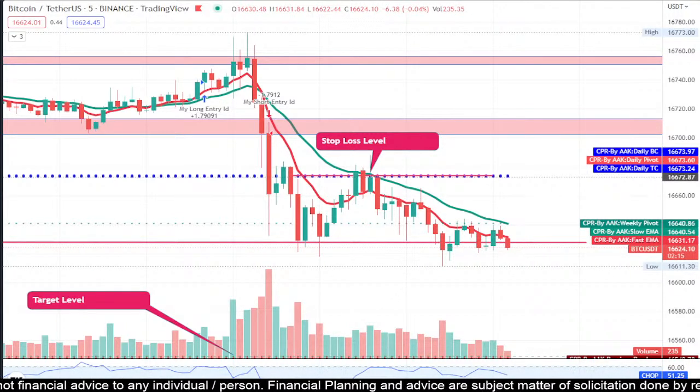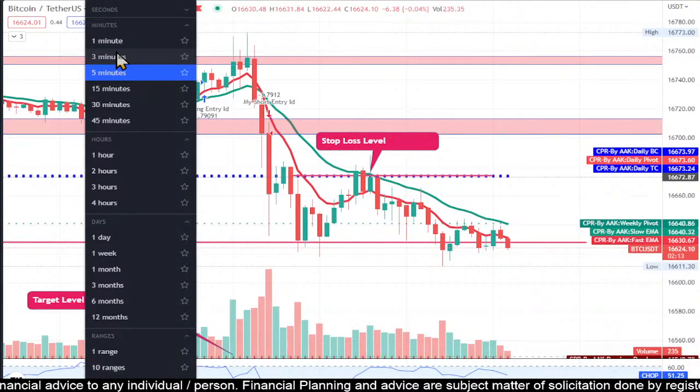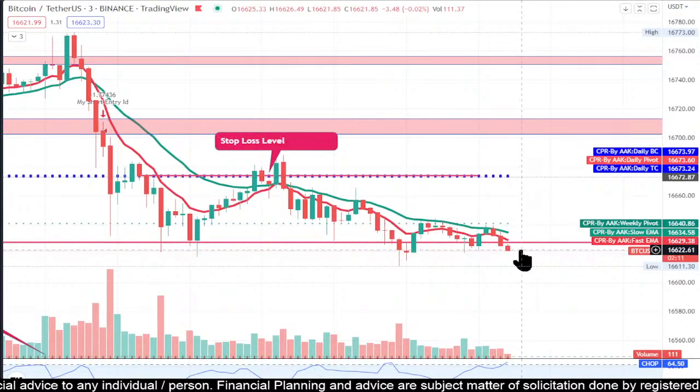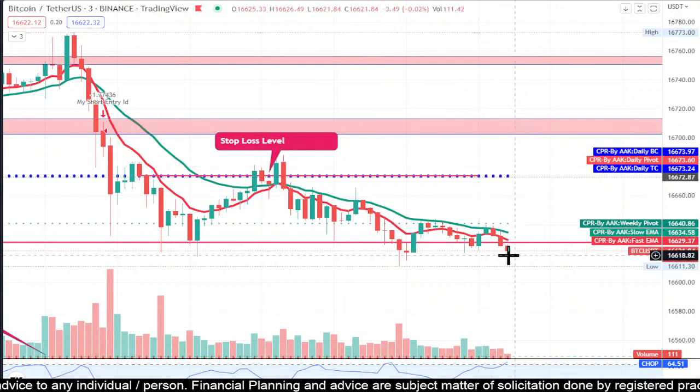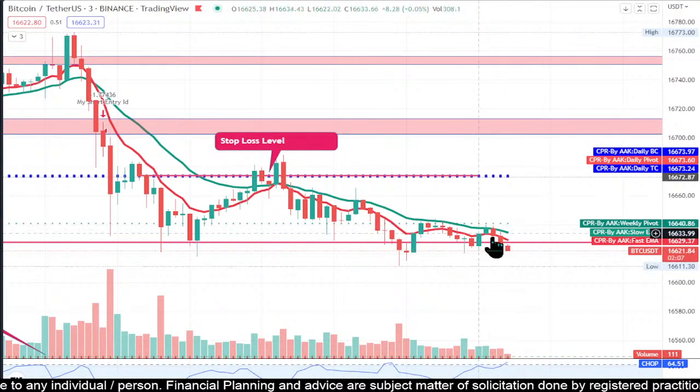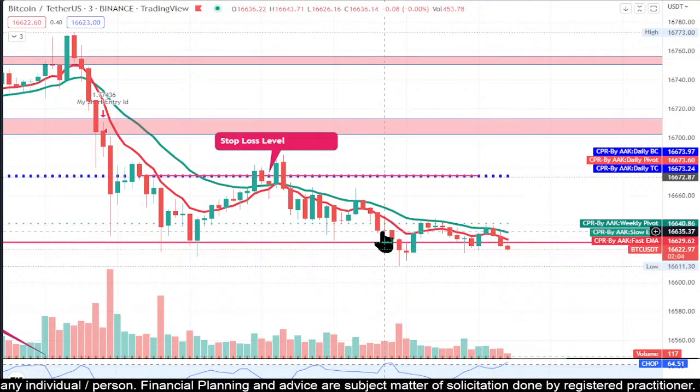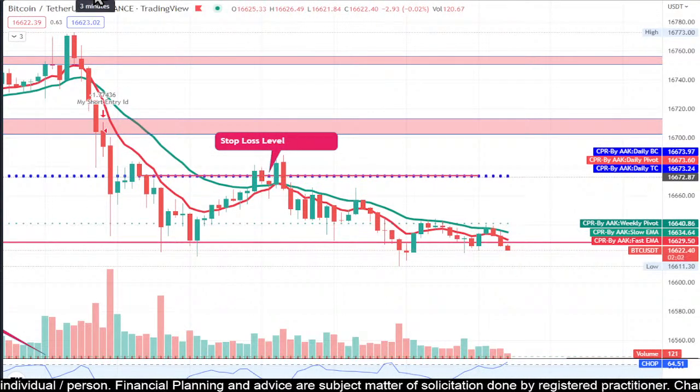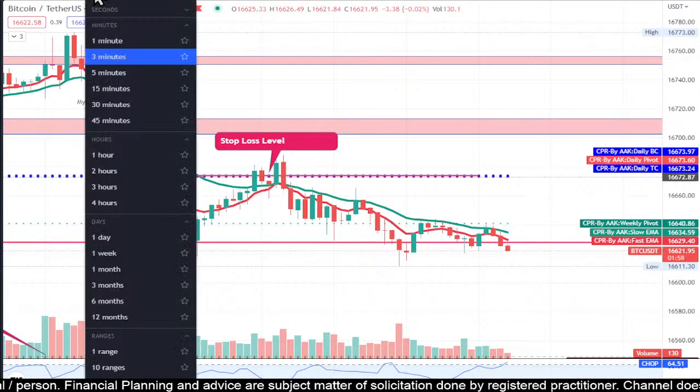Okay, if we look at the smaller time frame, which is 3 minutes, the current candle is below the level which was acting as a support, so it is showing a sign that it is acting as a resistance.